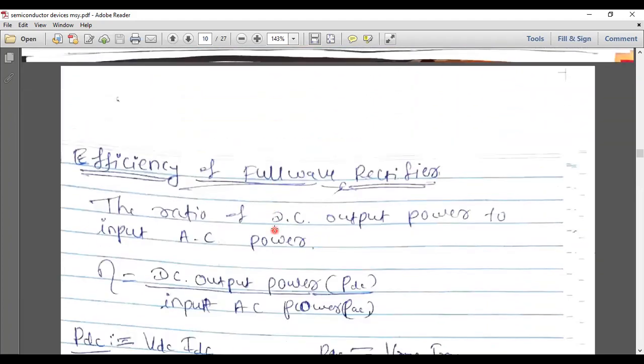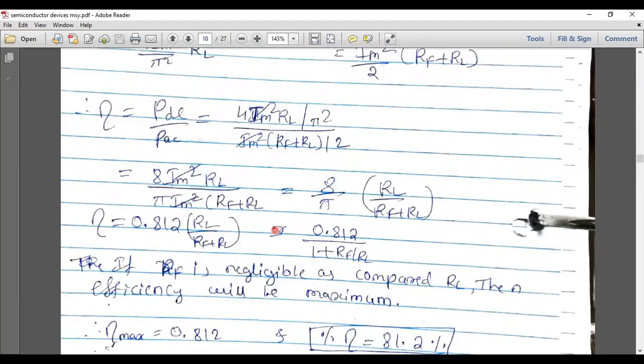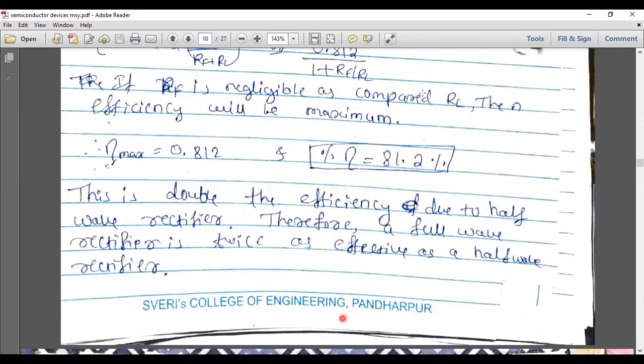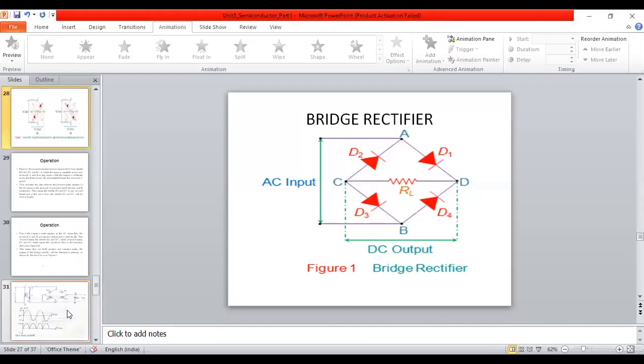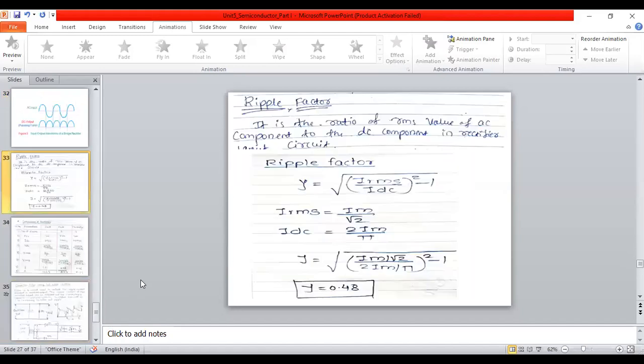The ripple factor for the full wave rectifier is this one. The ripple factor is the ratio of the RMS value of the AC component to the DC component in a rectifier circuit.